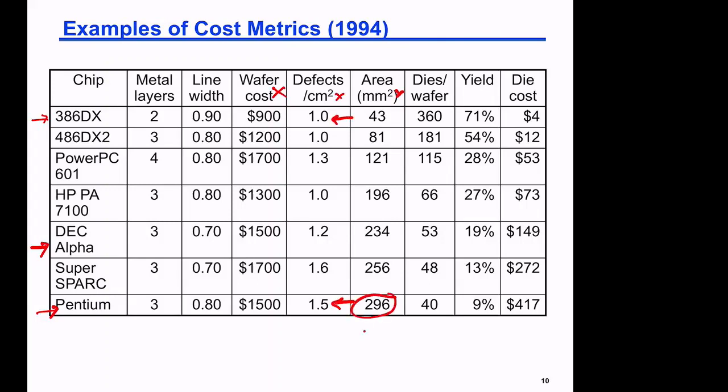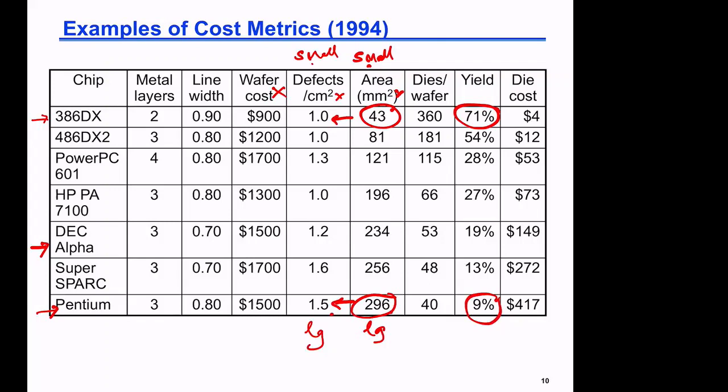This is the largest, this is the smallest. And this is the smallest defect, and this is a roughly large defect number. So we can see that when the defect density and the area are small, the yield is high, whereas when the defect density is high and the area is large, the yield is very low, around 9%.